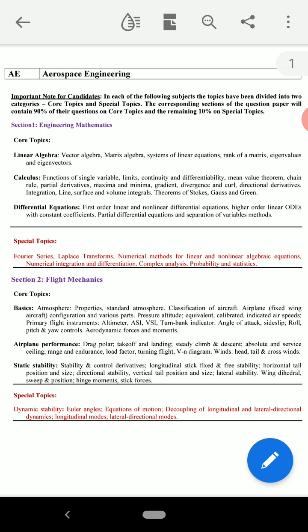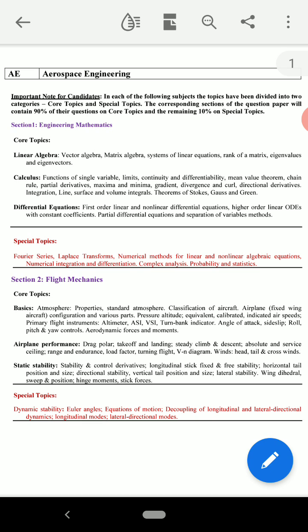In the linear algebra section, we will have different types of linear algebra problems for the GATE examination, such as vector algebra, matrix algebra, systems of linear equations, rank of a matrix, eigenvalues and eigenvectors. Then calculus.